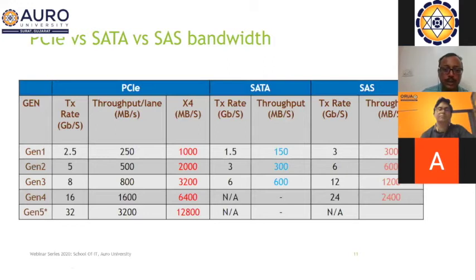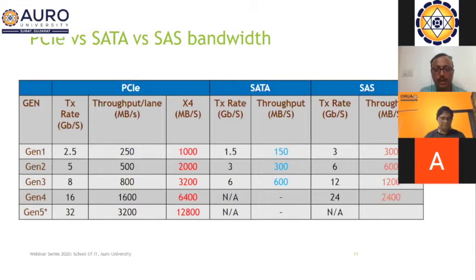So you can see clearly where we stand at the PCIe level; there is no comparison at all. SATA drives, the maximum they can go nowadays, is like in Apple, probably the Apple iMac.